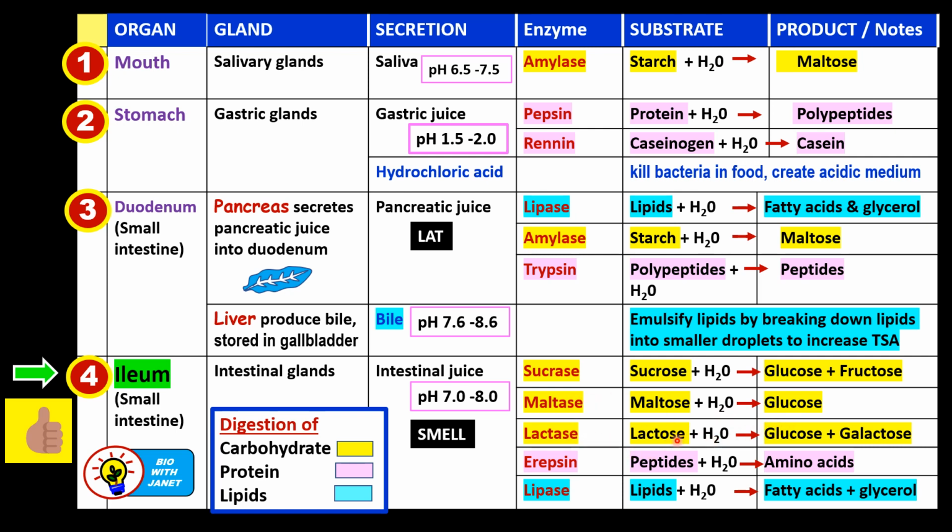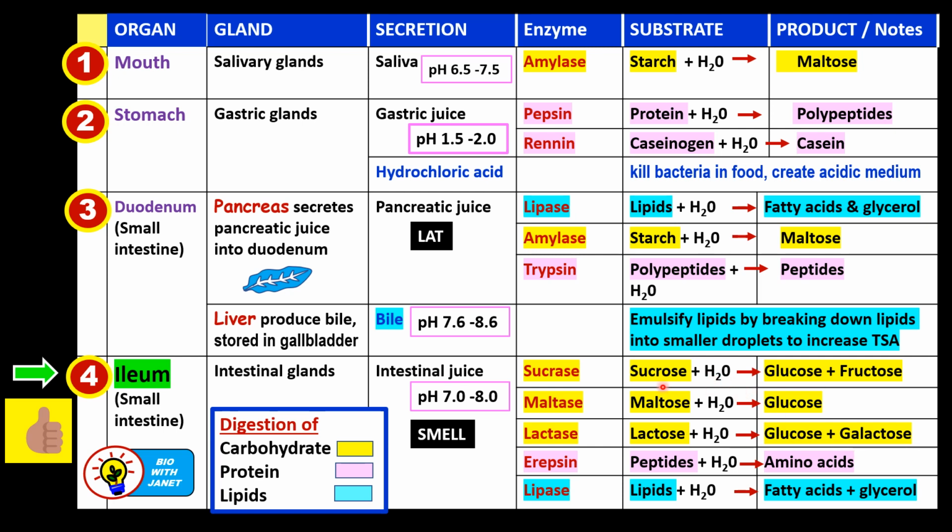Lactase hydrolyzes lactose to form glucose and galactose. Now, all these 3 substrates are actually disaccharides, and they are broken down to form the monosaccharides, which are the final products of digestion. Okay, so the final products of digestion of carbohydrates are glucose, fructose, and galactose, the monosaccharides.